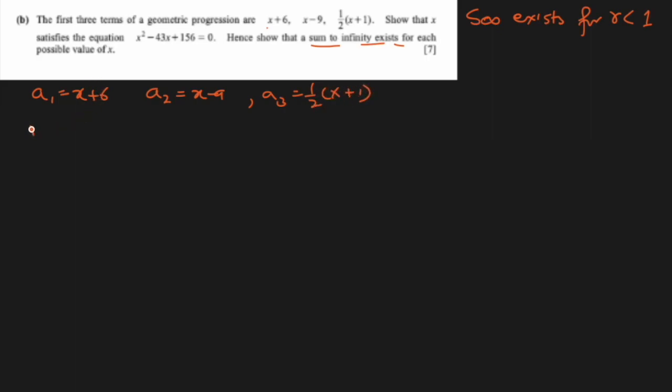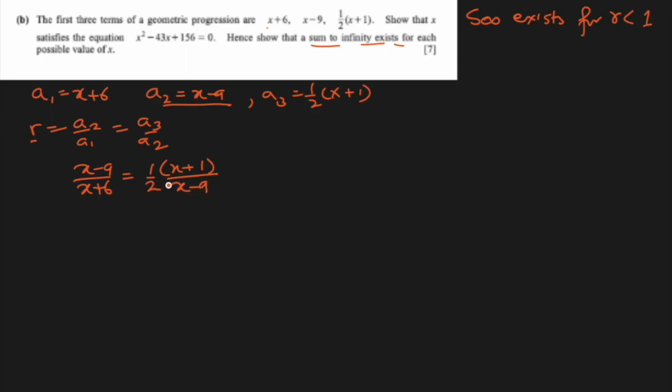We know that R, common ratio, will be A2 divided by A1. Also A3 divided by A2. Every term divided by the previous term is always R, and that's what we're going to use. A2, x minus 9, over A1, x plus 6, equal to half x plus 1 divided by A2, x minus 9.